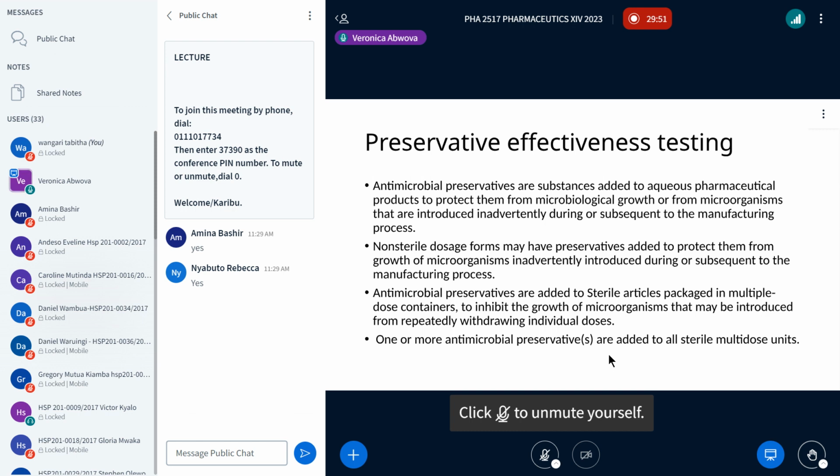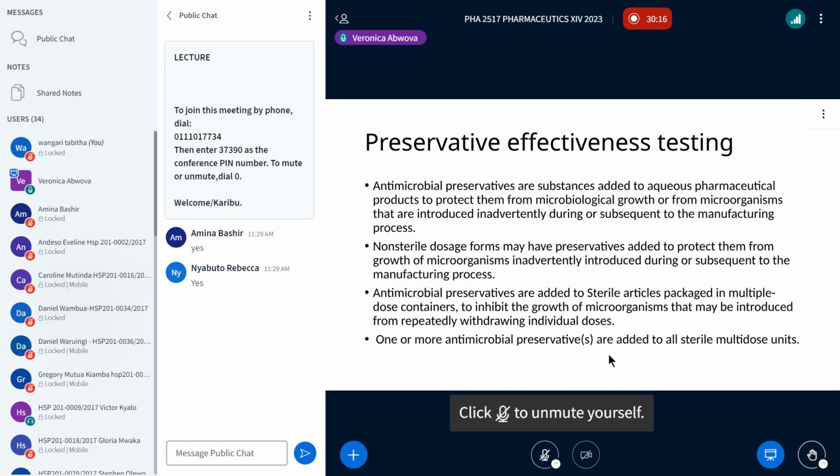So remember, we are not adding preservative to take care of our inadequacies during manufacturing, okay? Because that would be wrong. But if you have an aqueous product, then remember it is more likely to support growth of microorganisms. So you have to ensure that you actually take care of that.